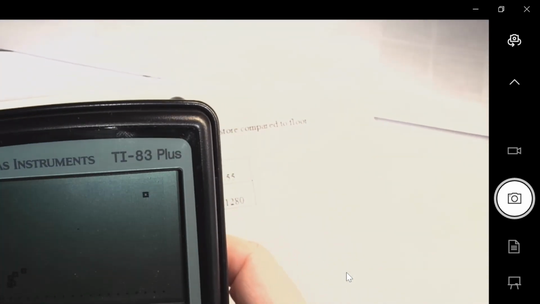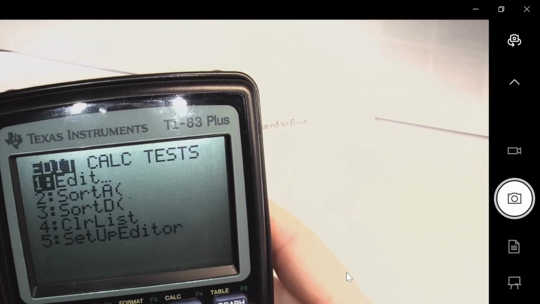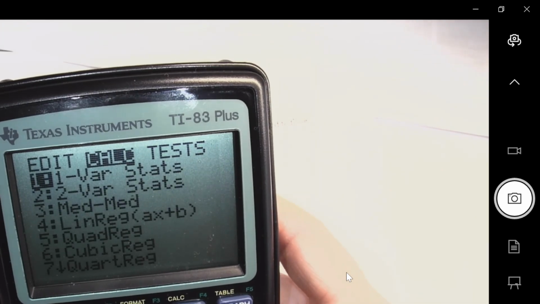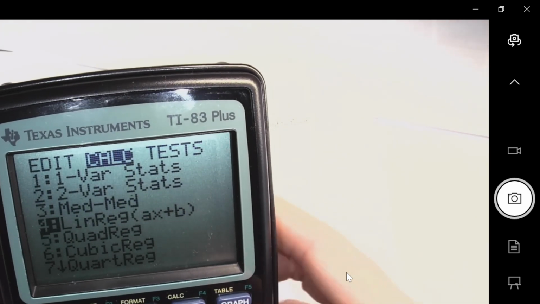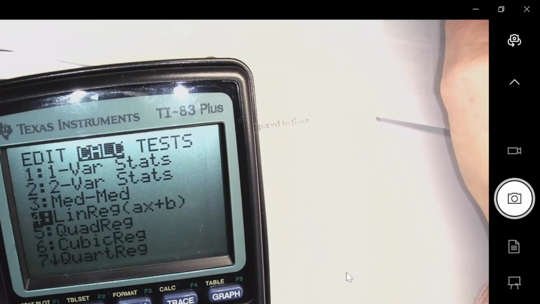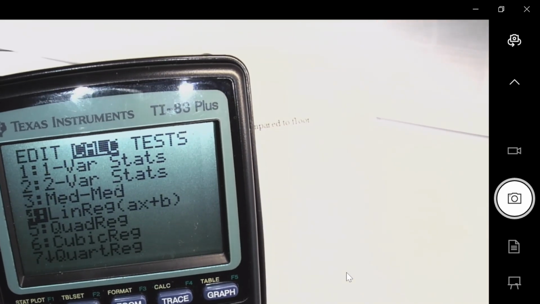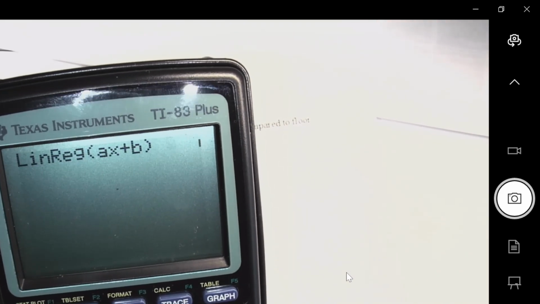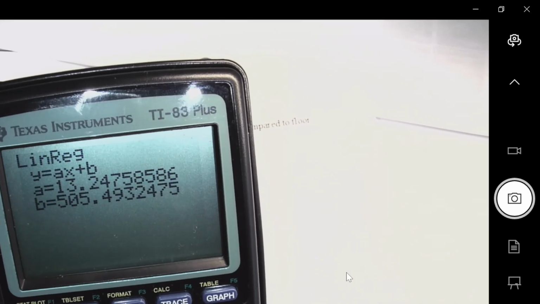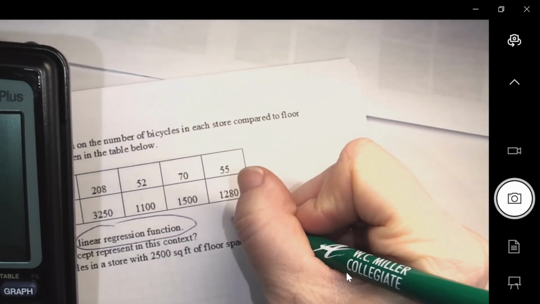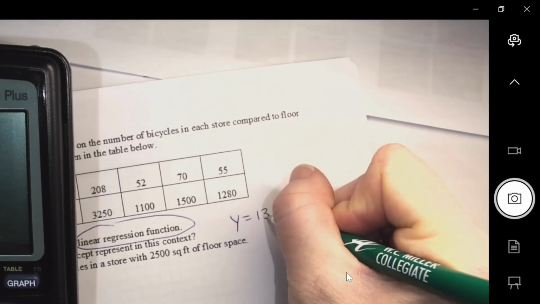Okay, so we're going to go stat, calculate, down to number 4. Lin regression, enter, enter. Write your equation. You can go to 2 decimal places.